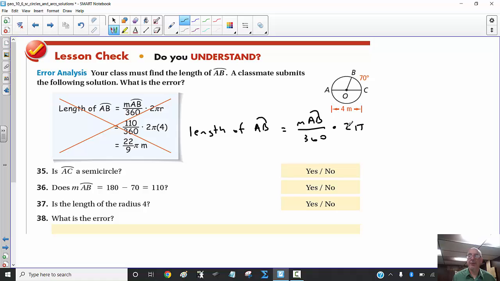Okay, but it's going to be 2 pi and the radius. Well, this is showing a diameter of 4 meters. So the radius is 2 meters. So that's what goes here. See, there's the mistake.